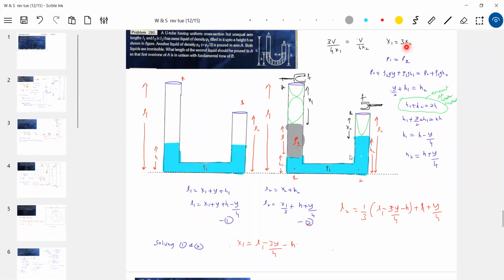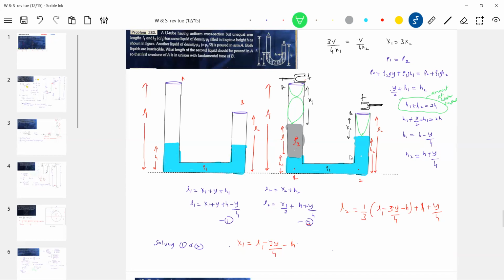If I go for second overtone, again 5 will come. Fundamental, first overtone will be 3. If you go for 5, other than 3, if there is any other number, then we can get a solution, sir. x1 should not be equal to 3x2. x1 can be anything else into x2.